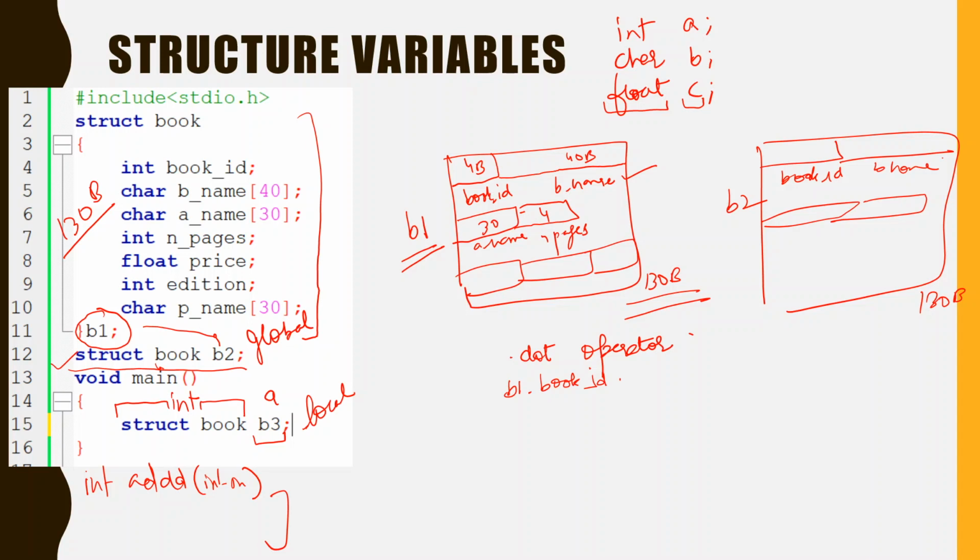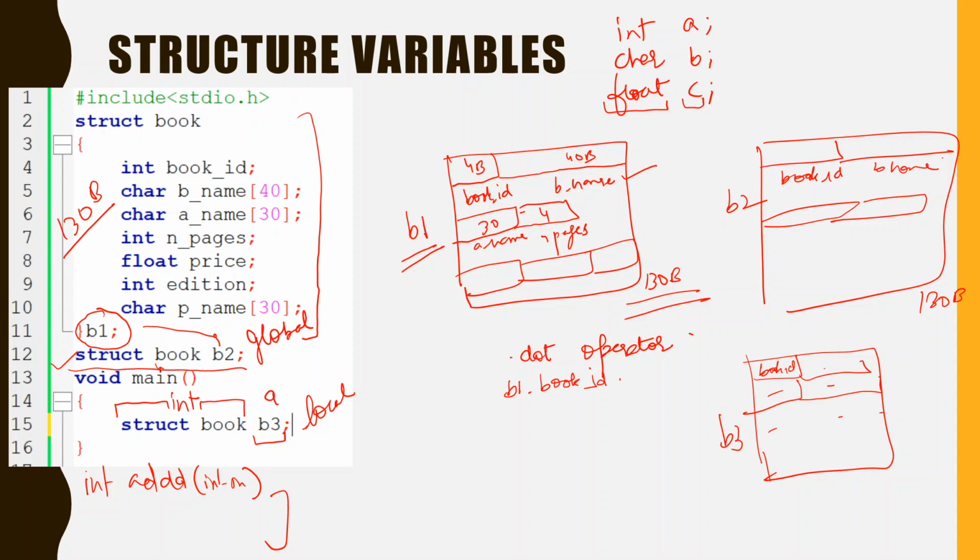So there is one block for b1, one block for b2, and another block for b3. And b3 will also have the same member variables as storage, so here would also be a book id and other member variables with the same number of bytes as declared in the structure book.